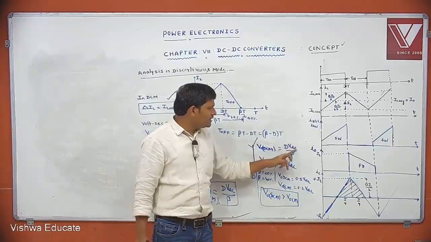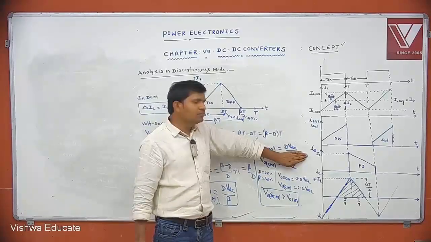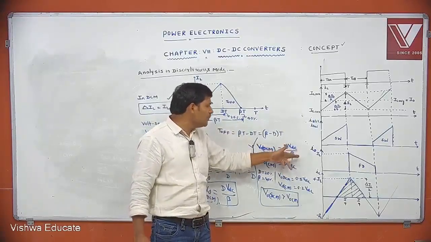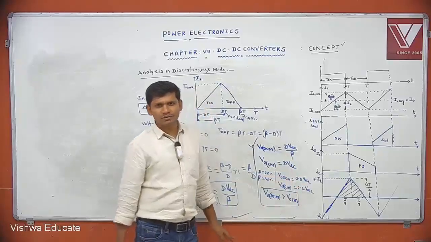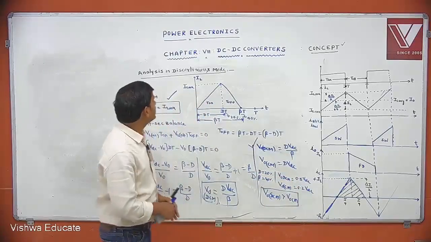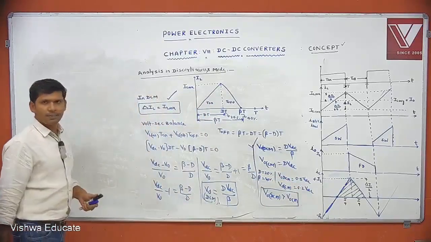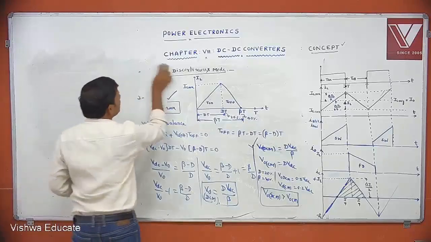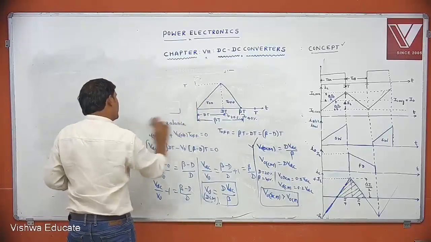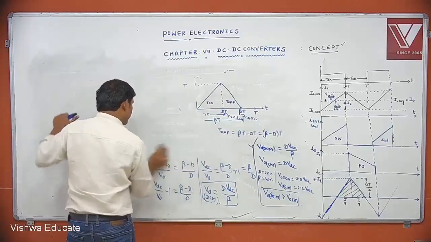This is d VDC by beta. If beta is 1, then it is continuous mode. If beta is less than 1, it is discontinuous. Concentrate. Now I am giving the final summary here for quick reference.